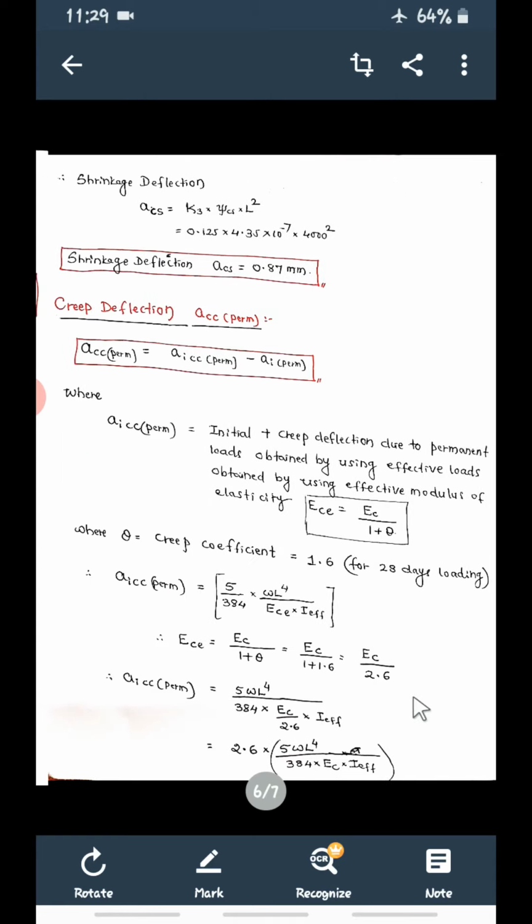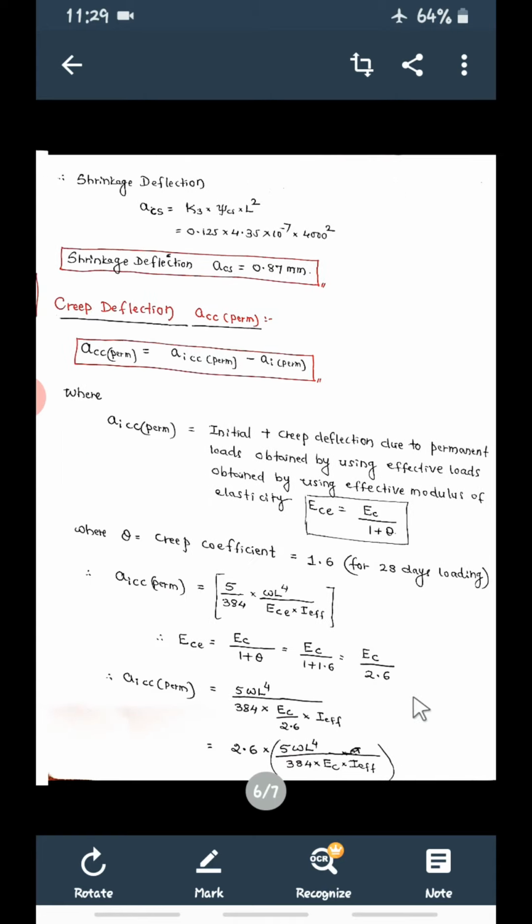So therefore creep deflection ACC permanent is equal to AICC permanent minus AI permanent, that is short term deflection.